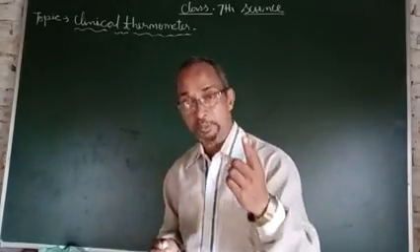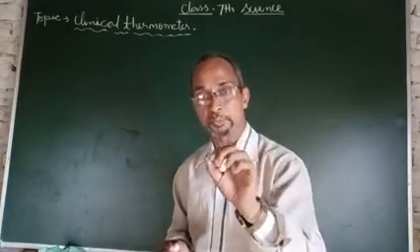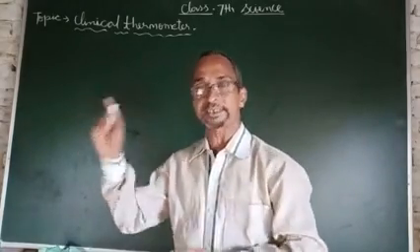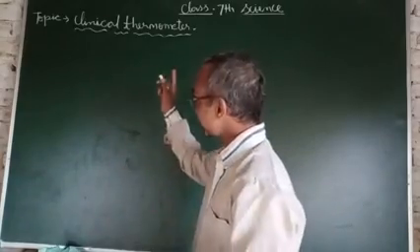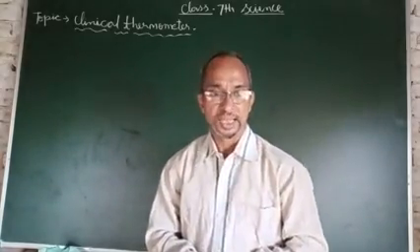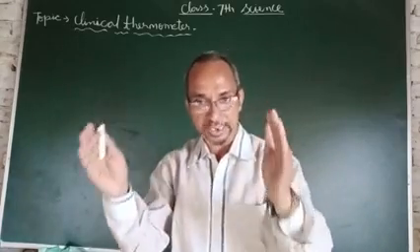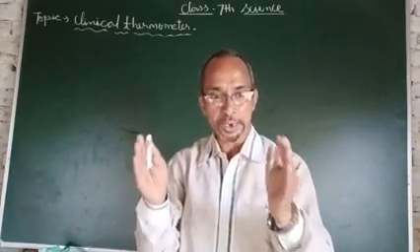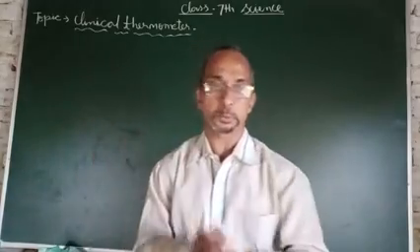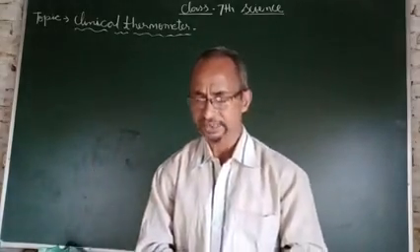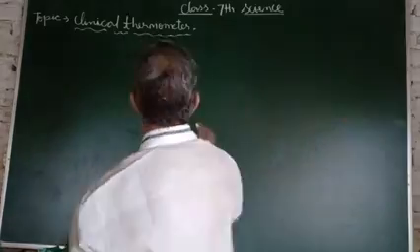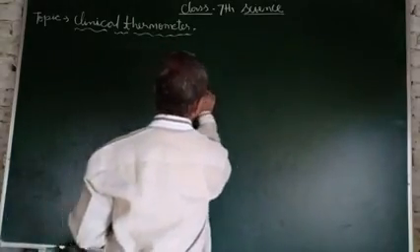Laboratory thermometers are marked from minus 10 degrees Celsius to 110 degrees Celsius, but clinical thermometers have a very short range, from 35 degrees Celsius to 42 degrees Celsius.